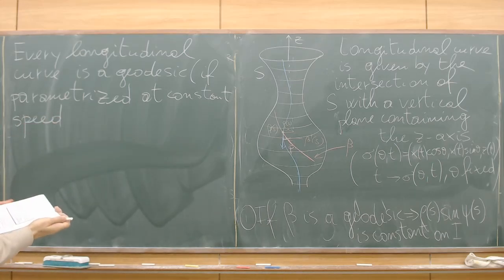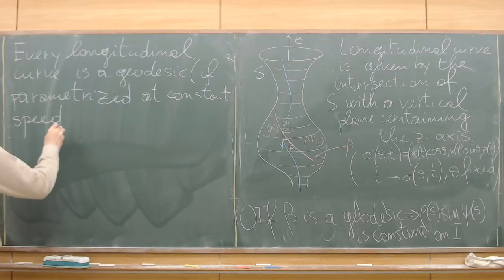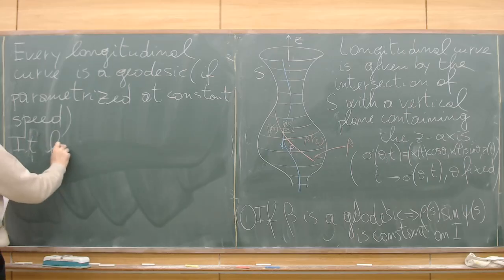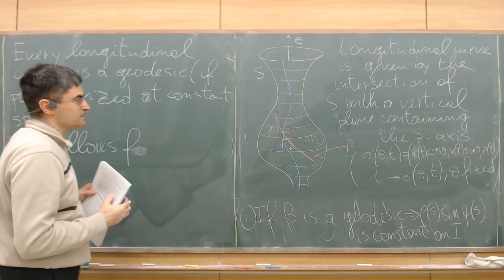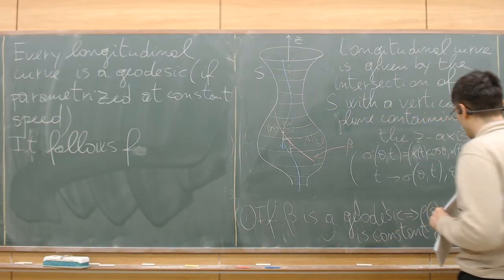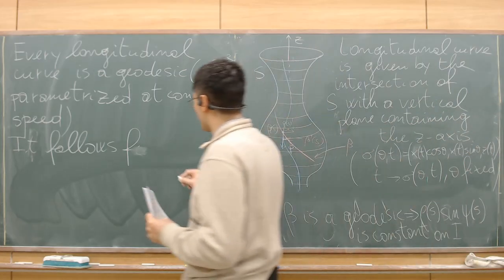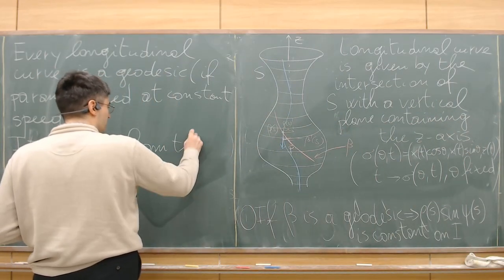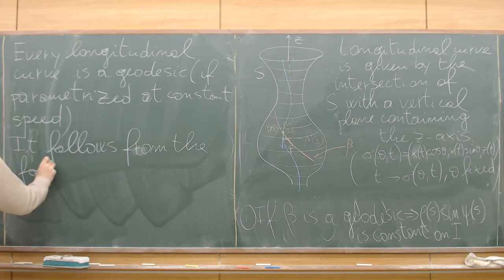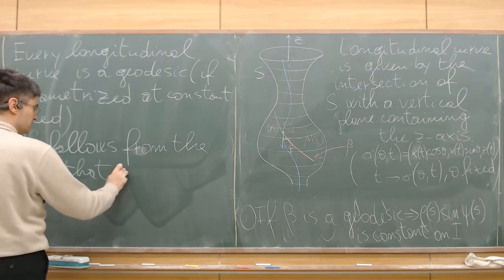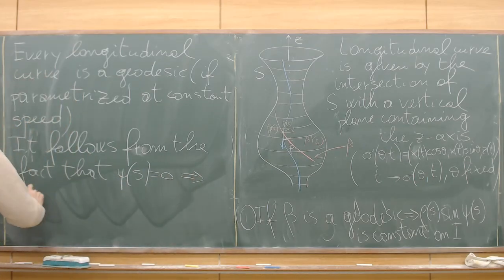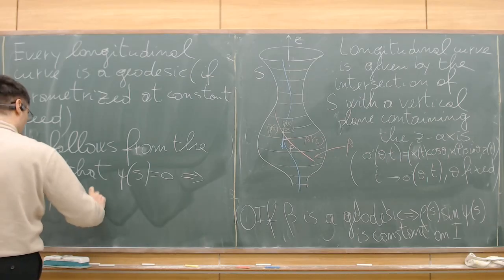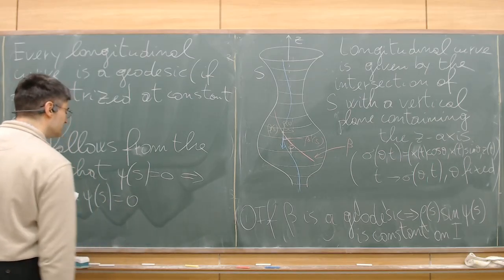Why is this true? Because along a longitudinal curve, psi of s is 0. That psi of s equal to 0 implies rho of s times sine of psi of s equals 0.